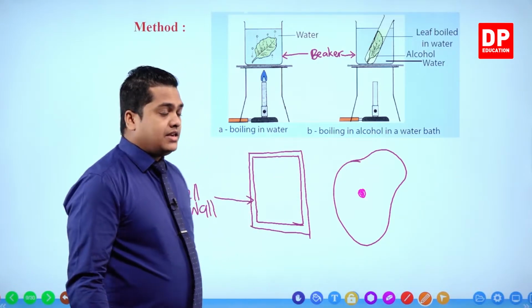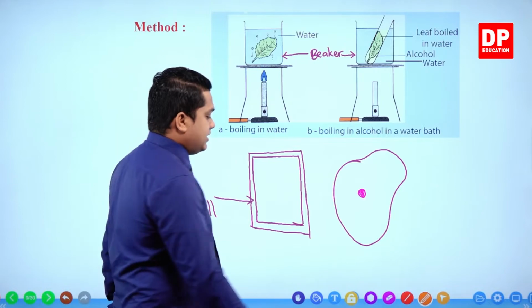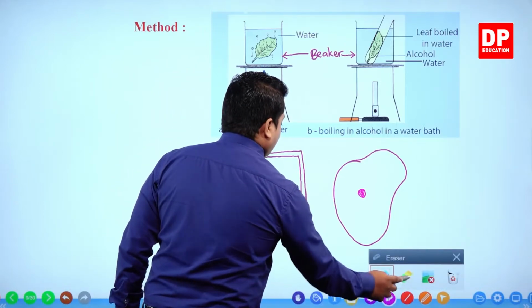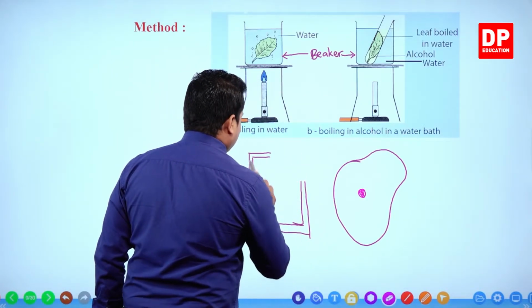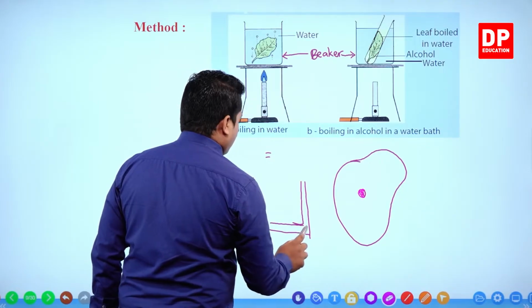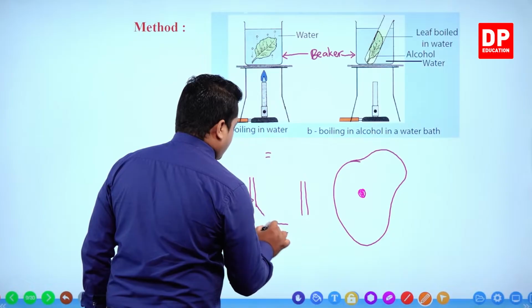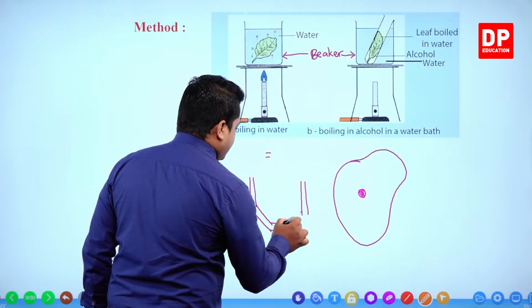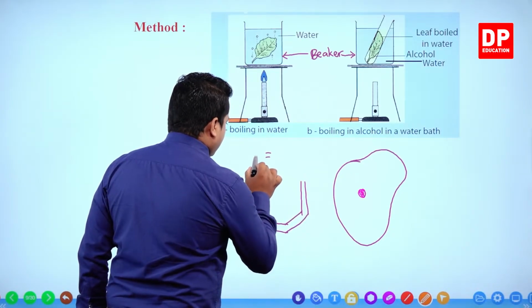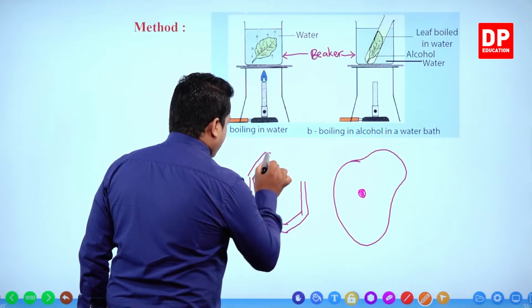But in a plant cell, every plant cell has a cell wall, right? Usually plant cells have a polygonal shape like this.